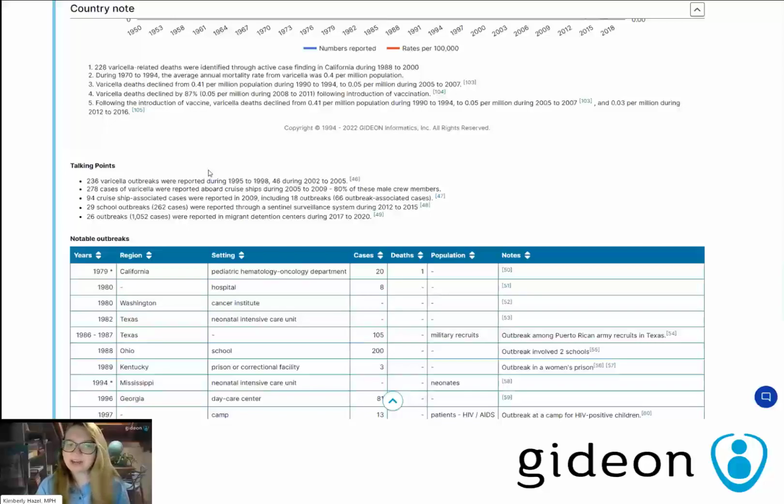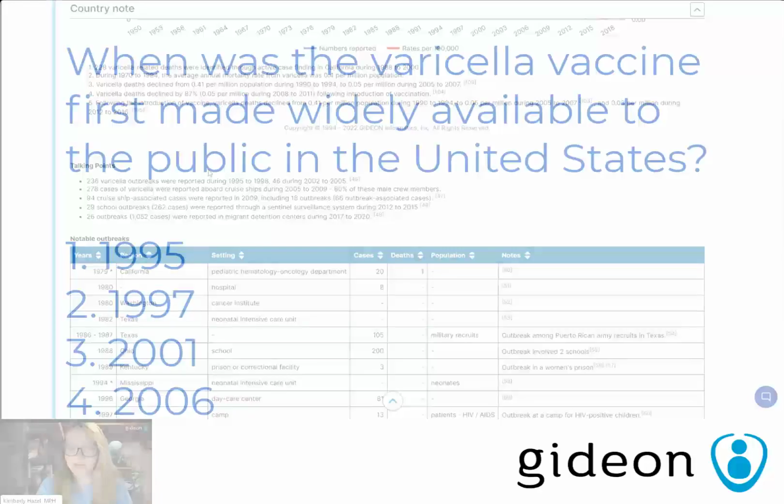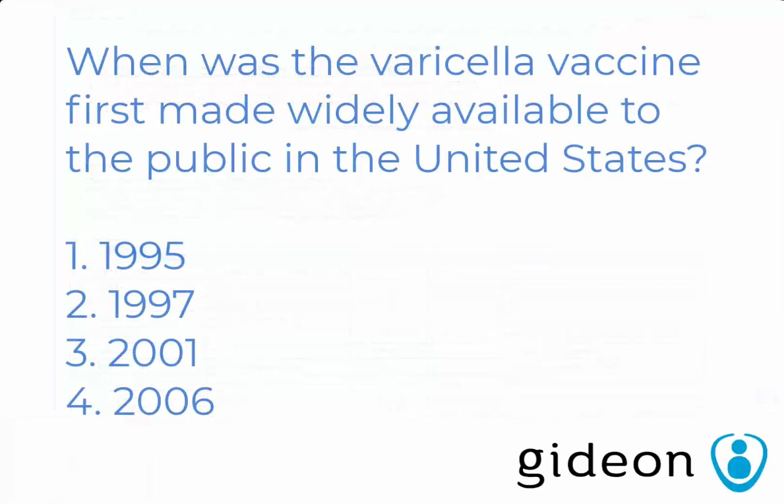But before we do that, I want to ask you guys another question. I want to know if you guys know when the first varicella vaccine was made widely available within the United States. I'll give you guys just a little bit to go ahead and answer that. When that vaccine was first widely available to the public within the United States.